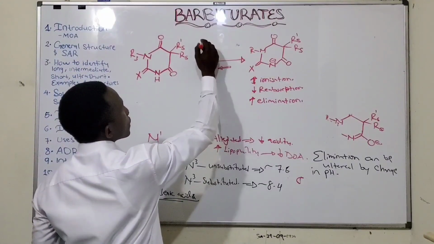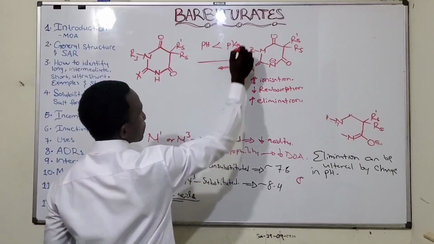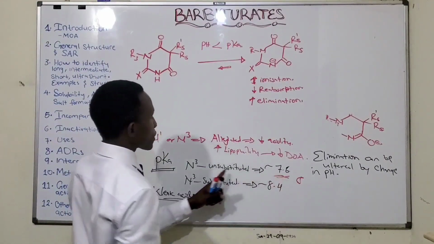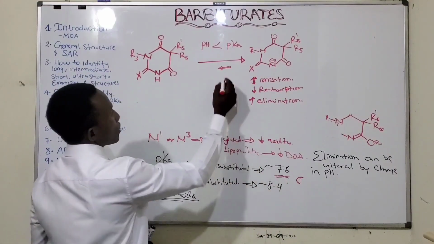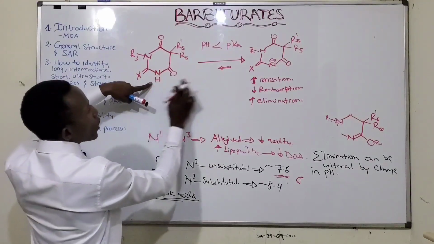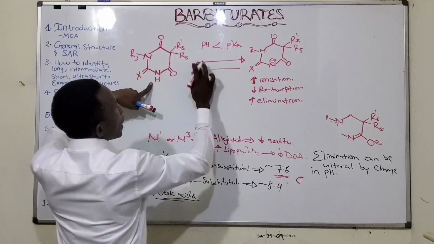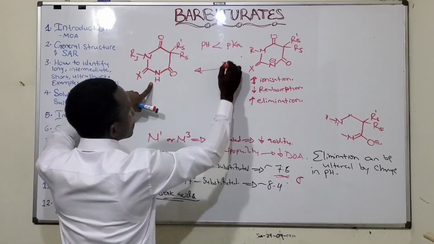Now, in case the pH is less than the pKa, for example, if your drug has 7.6 as its pKa, below 7.6 much of the drug will be unionized. So we shall have much of the drug unionized and less will be ionized.